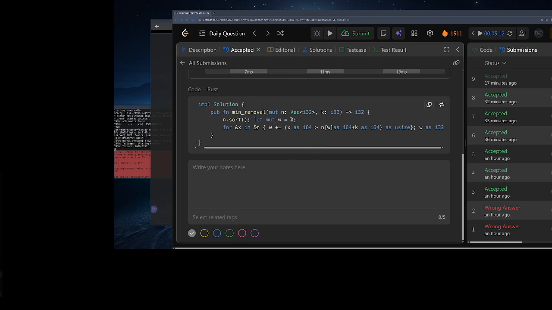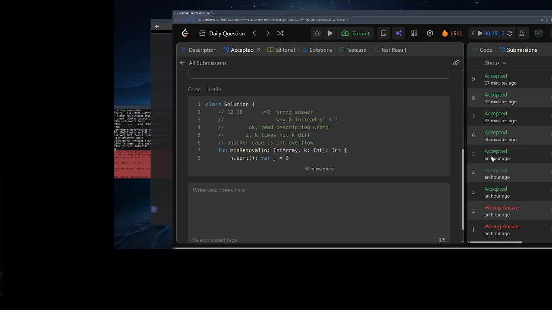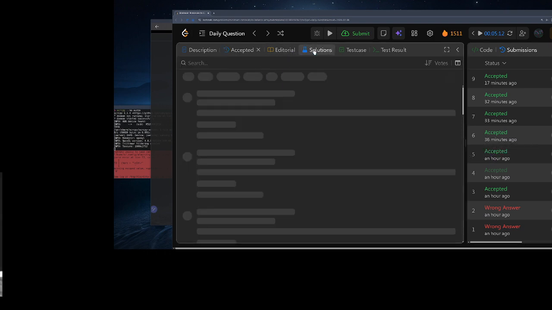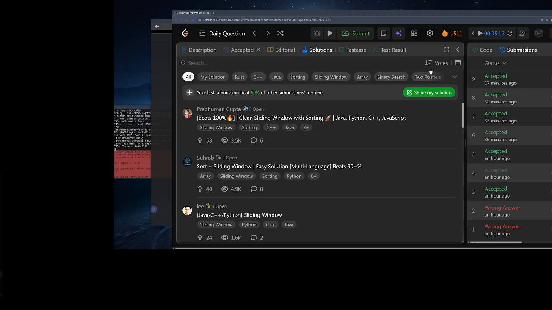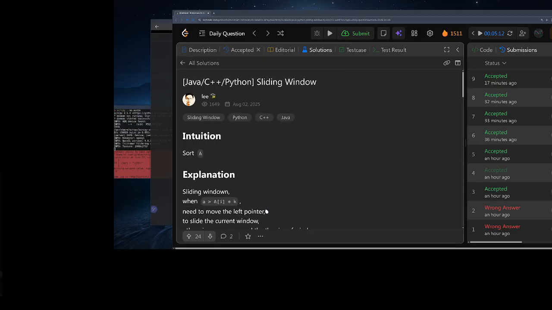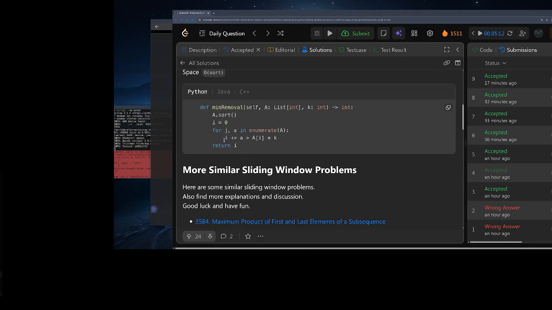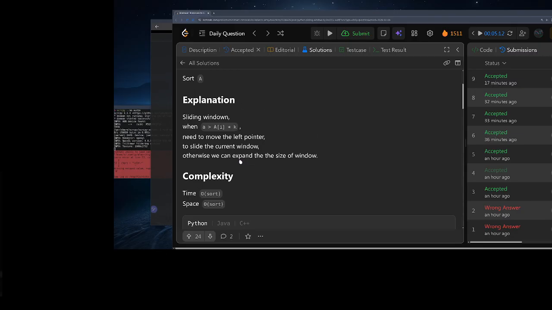So it is just a window, and we increase it each time the value is out of bounds. So this is how it looks. It's actually not my solution, it is from this genius guy Lee, and he didn't explain the logic.